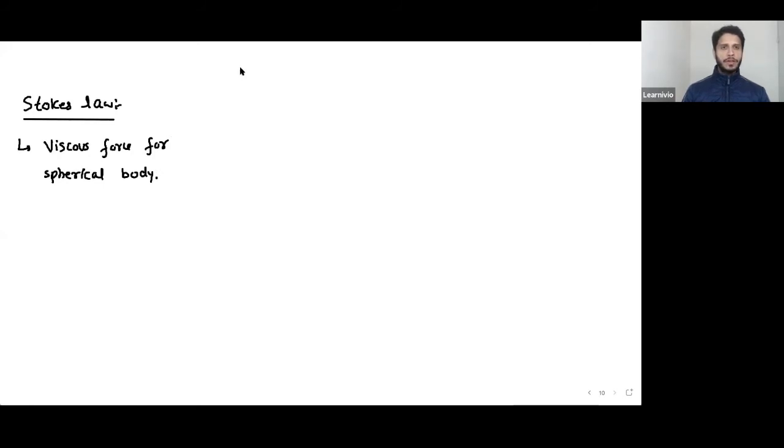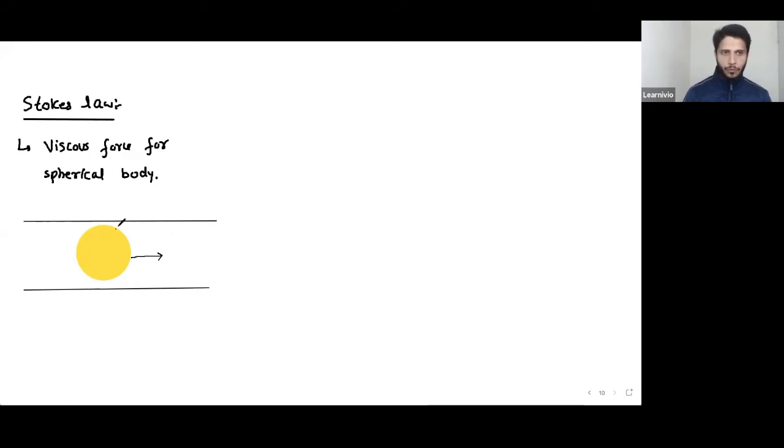So if a spherical body, this is the fluid and a sphere is moving through the fluid. This is the sphere, moving through the fluid. Now, when this sphere tries to move through the fluid, the fluid will try to oppose the motion of the sphere.